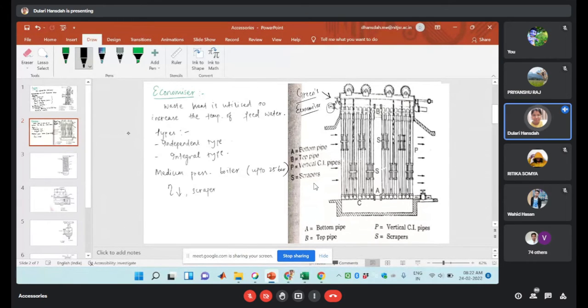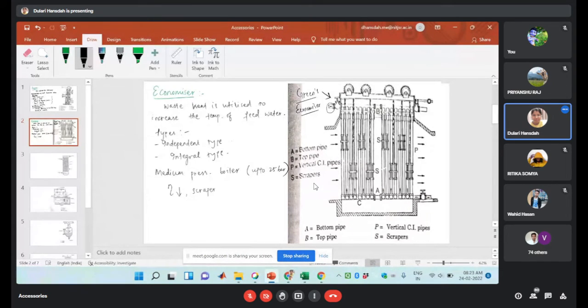Here P is nothing but the vertical CI pipe. Scrapers are used to remove the soot deposits and clean the vertical pipe, so that there is better heat transfer.